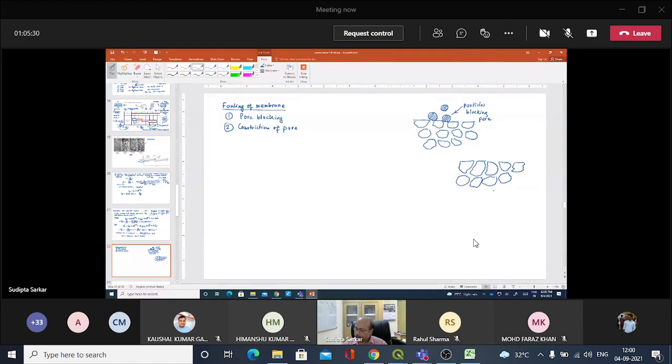Suppose this is your membrane surface, and water passes through the pores.